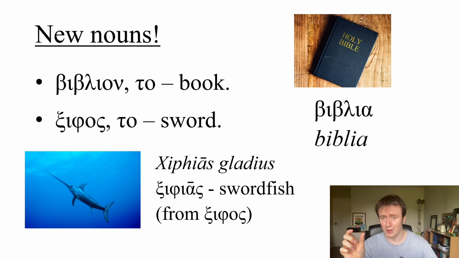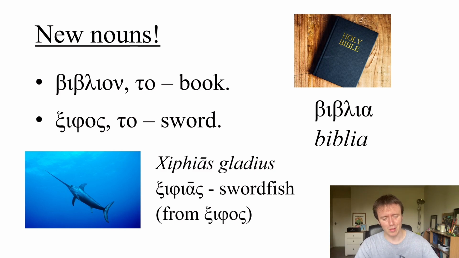So the first word in the scientific or Latin name for a swordfish ultimately comes from the Greek word for a sword. Okay, it comes from that word xipos. If you're wondering about the second word in the Latin name for a swordfish, the second word, gladius, is the Latin word meaning sword, okay? So it's quite weird that a swordfish is called a swordfish sword in Latin, but that is its name.